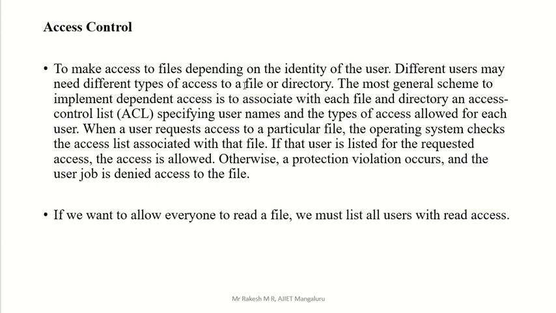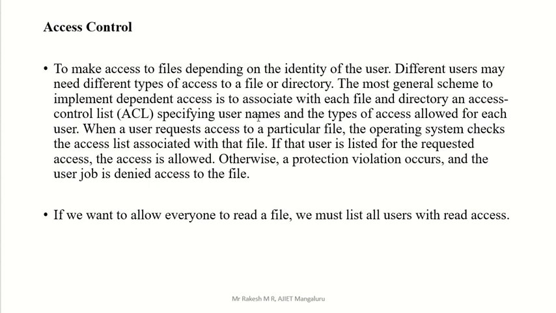So here the most general scheme to implement identity-dependent access is to associate with each file and directory an access control list, ACL. We have to use the ACL concept.